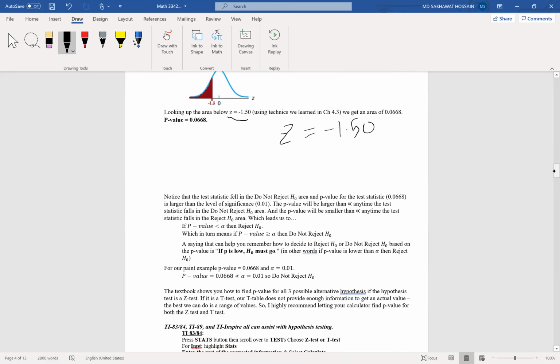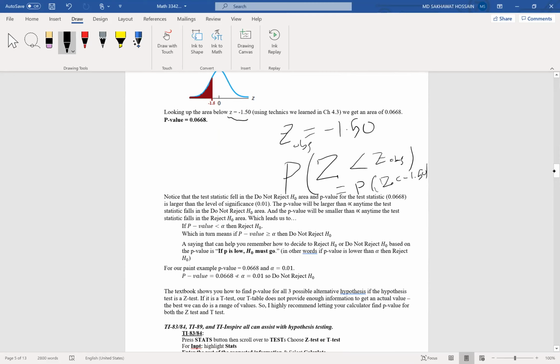So for the lower tail test, the p-value is the probability of z less than z observed, or the test statistic. This is called z observed or the test statistic. That means you have to find the probability p of z less than negative 1.50.